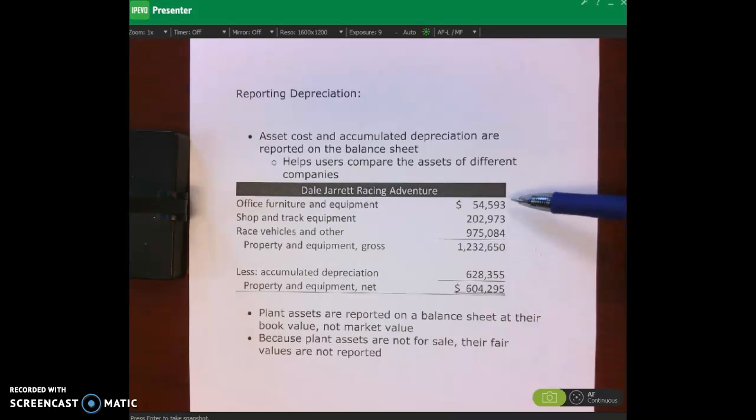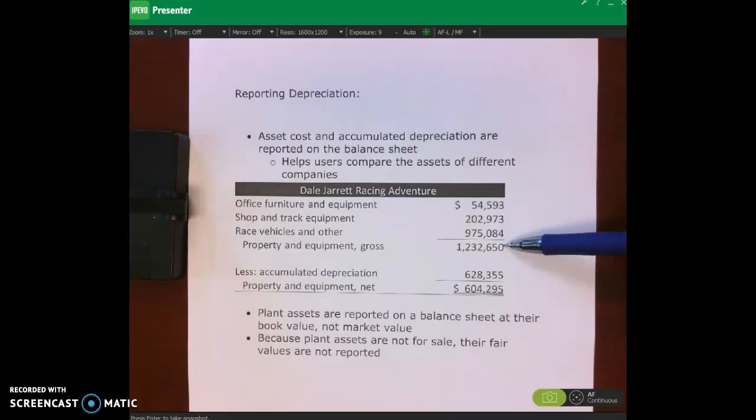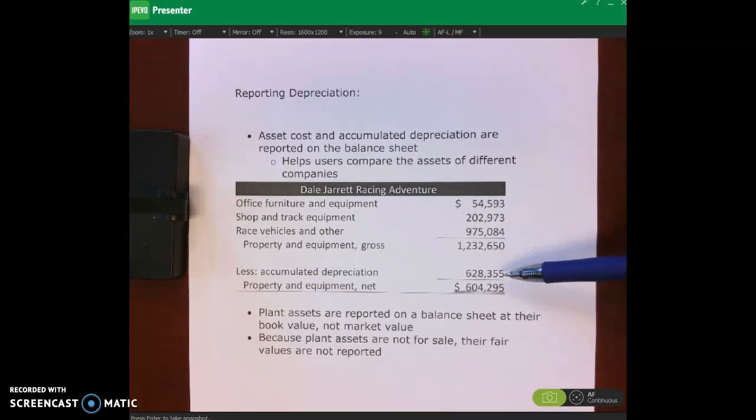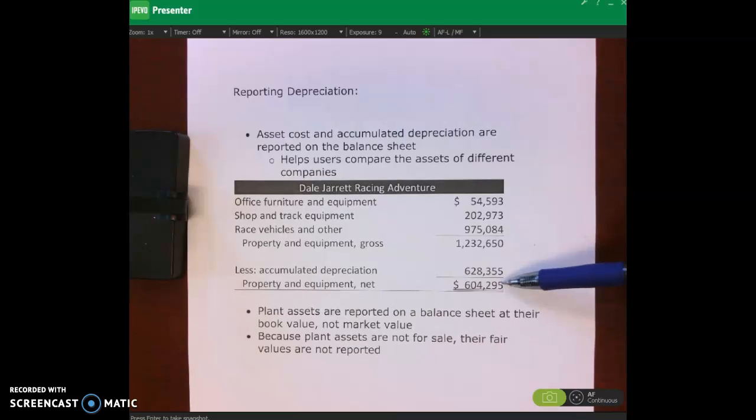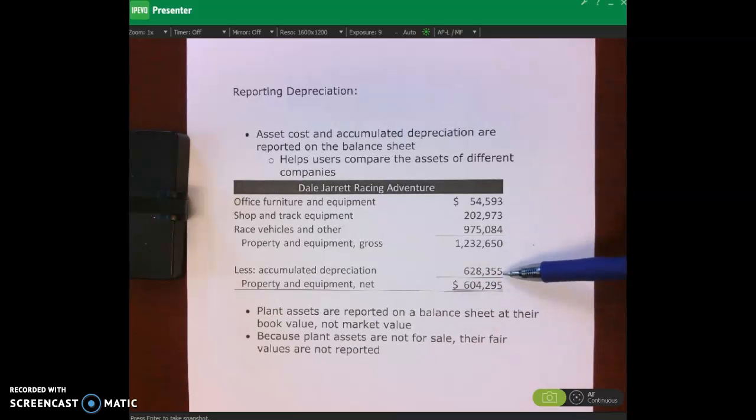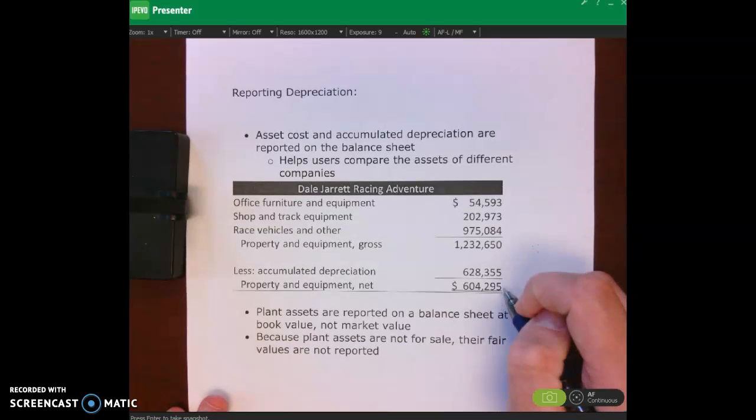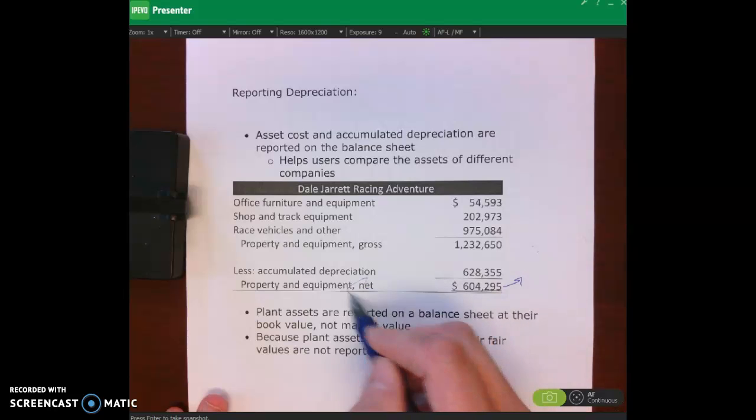So we have our total asset cost of $1,232,650, less our accumulated depreciation of $628,355, gives us our book value of $604,295. Okay, and again, we show our cost, and then we show our accumulated depreciation, and then the book value. And then remember, this is the book value, so you can see net after accumulated depreciation.